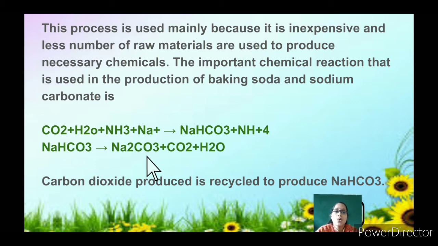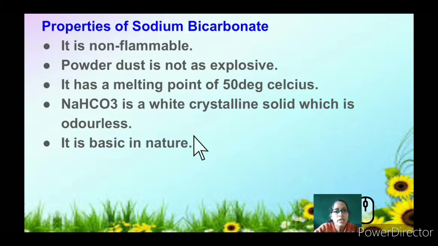It gets decomposed to form sodium carbonate, and also releases carbon dioxide and water. The carbon dioxide released here can again be used for the first process of production of sodium hydrogen carbonate.